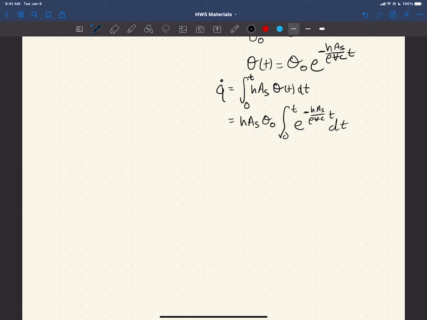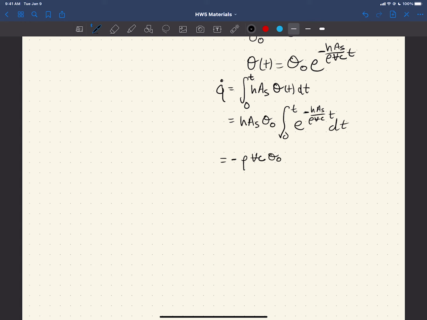And so this is going to become, I'll save that for the next step. So this is going to be a minus rho VC. The hAs and the hAs on both are going to cancel out. Let me make sure I don't forget anything.